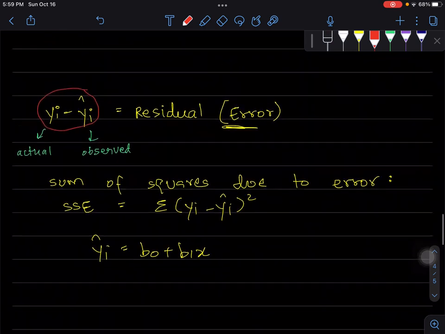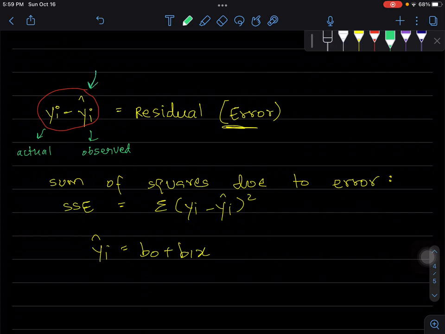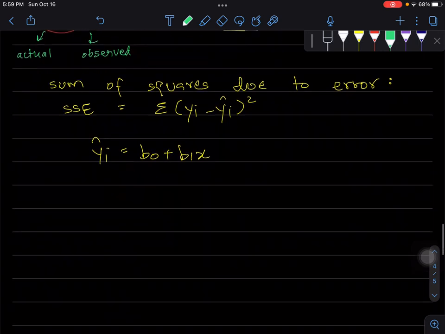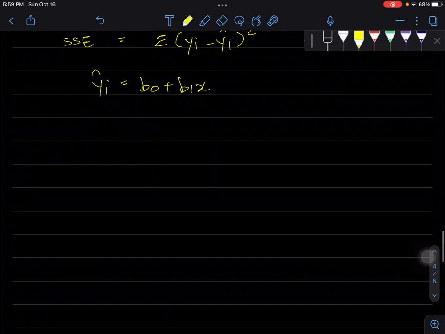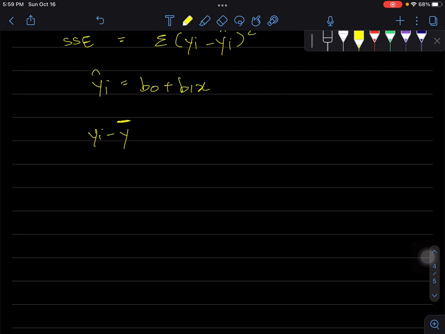But what if instead of yi hat, we want to find the difference of the actual value from the mean? That can be one thing that can be done. So what if we do that instead of yi hat here?